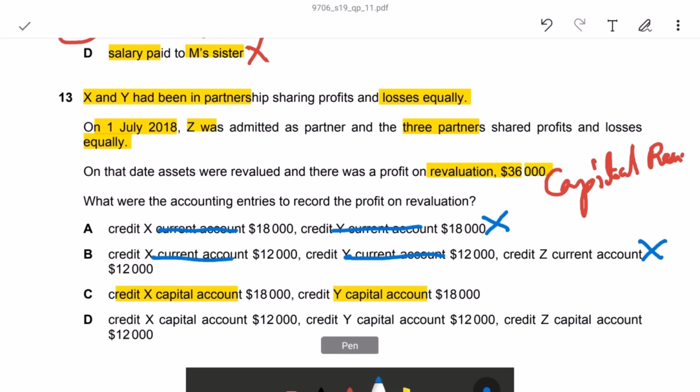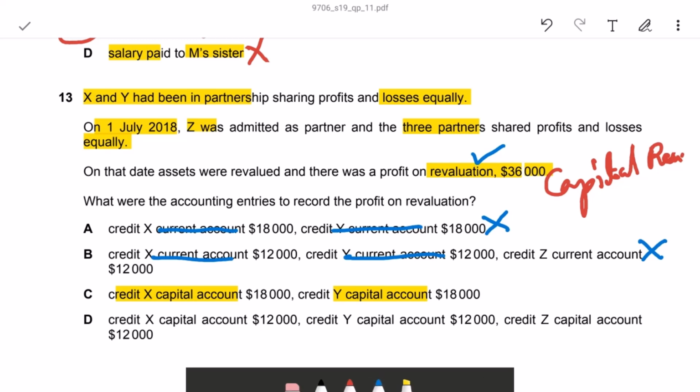Here it is the profit. Profit will be credited in the capital account and loss will be debited in the capital account. So then the third D part, credit X capital, credit Y's capital, credit Z's capital. Revaluation account profit or loss only divide between the old partners.